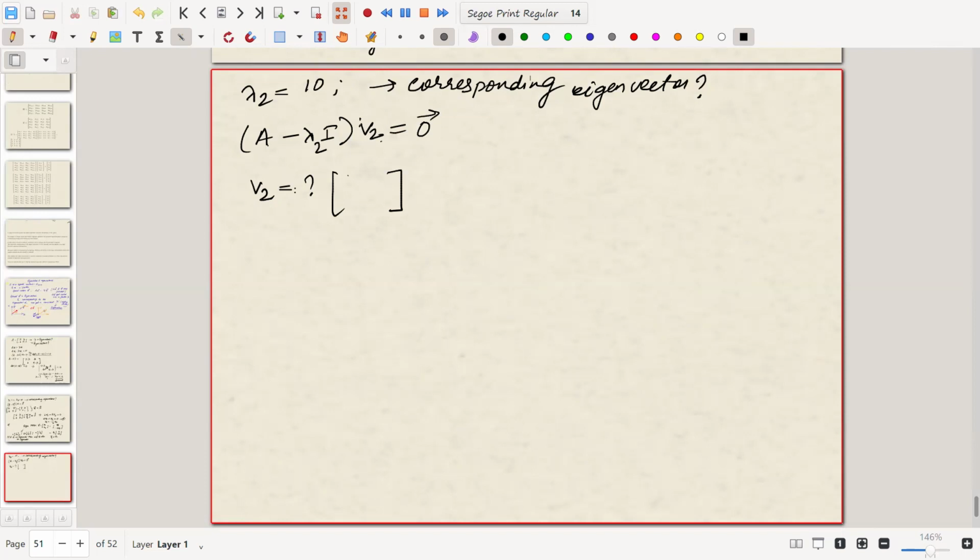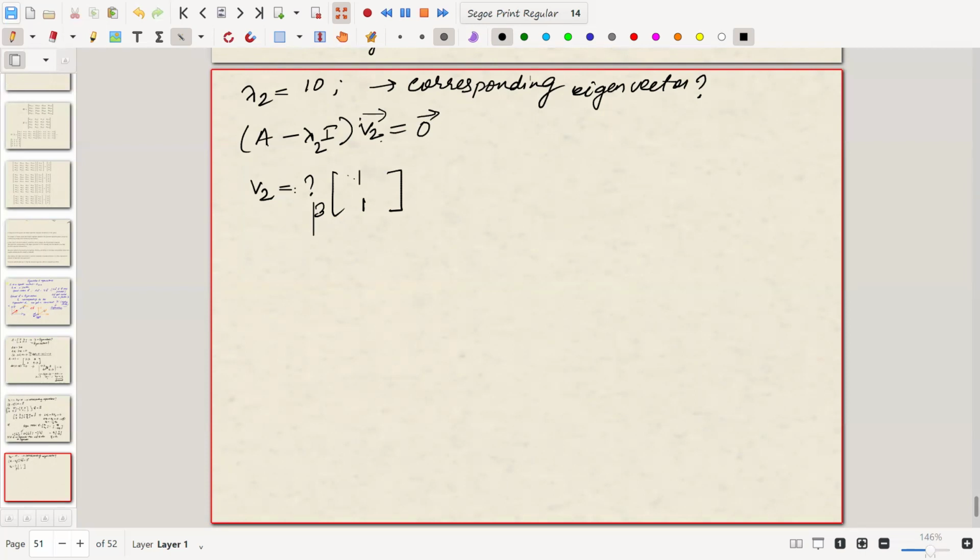No, v2 is a vector. You have to tell me what the components of the vector are. Okay, some constant beta times (1, 1). Yes, you have to say it in a better way.